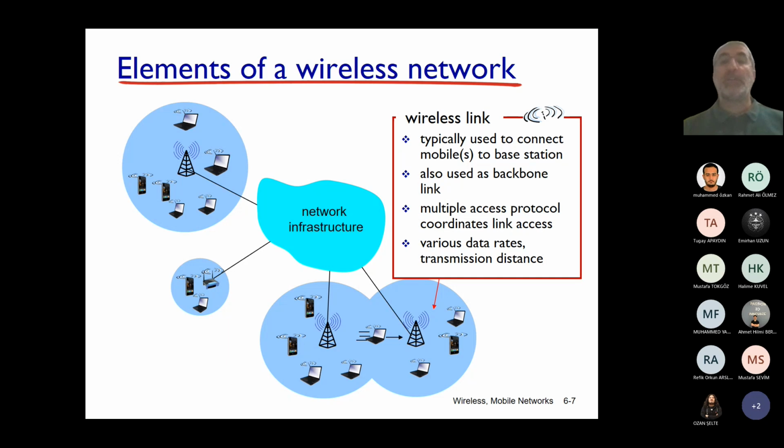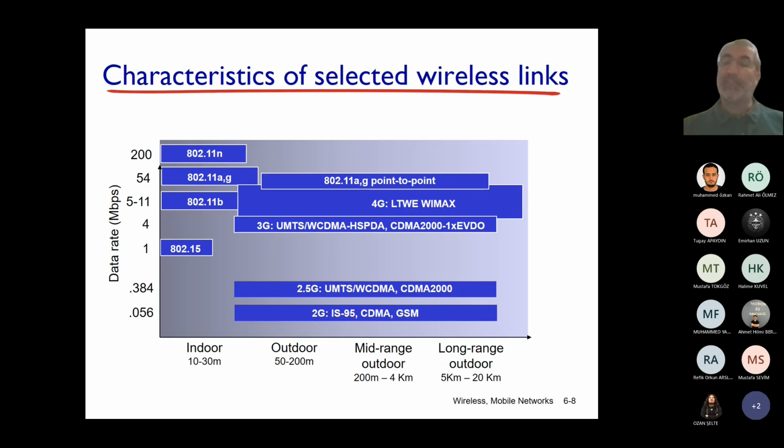We covered this multiple access protocol last week, if you remember. The wireless link performance depends on the transmission distance, of course. That's why the data rate can vary depending on the distance and the channel environment.